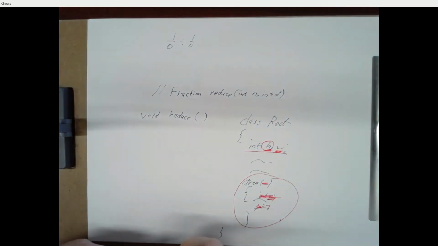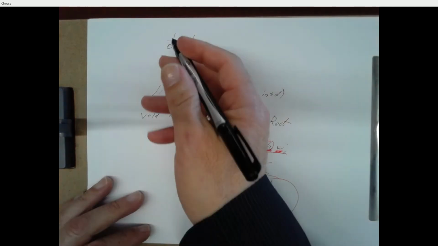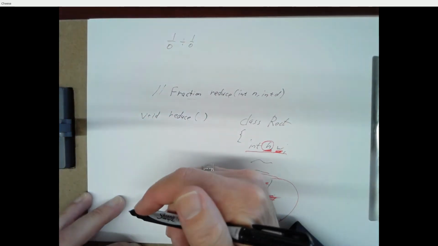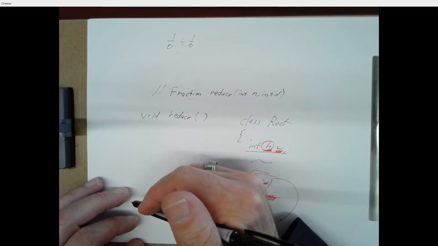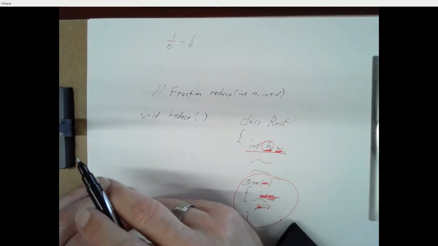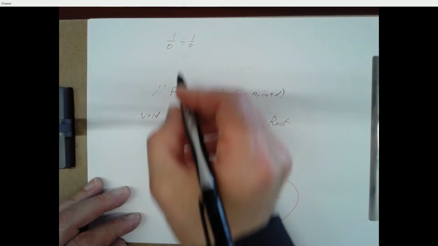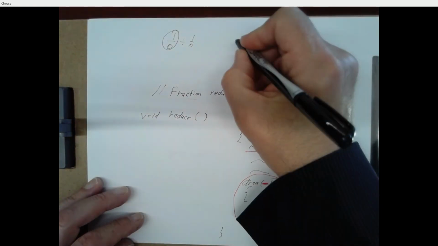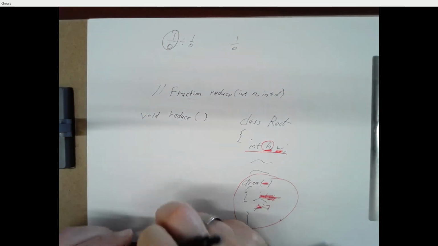Well, I think division's going to end up being 0 over 0. But maybe there's something you can do with 1 over 0 that, if you just do the way that we do addition or subtraction, might end up giving you something defined, right? Don't do that though. As soon as you see this as one of your arguments, just return an undefined fraction.